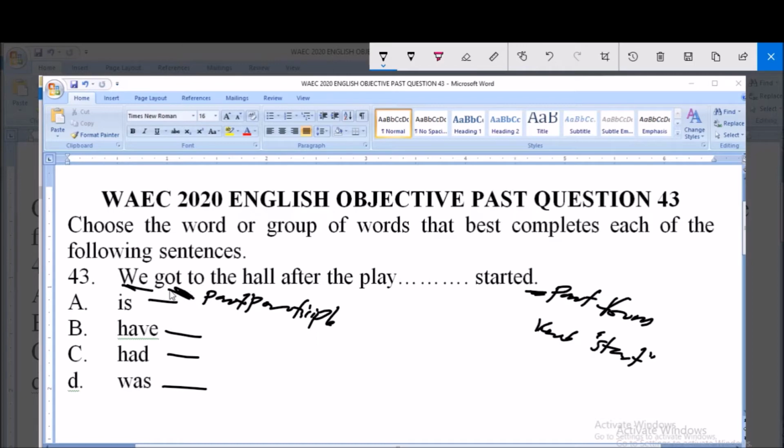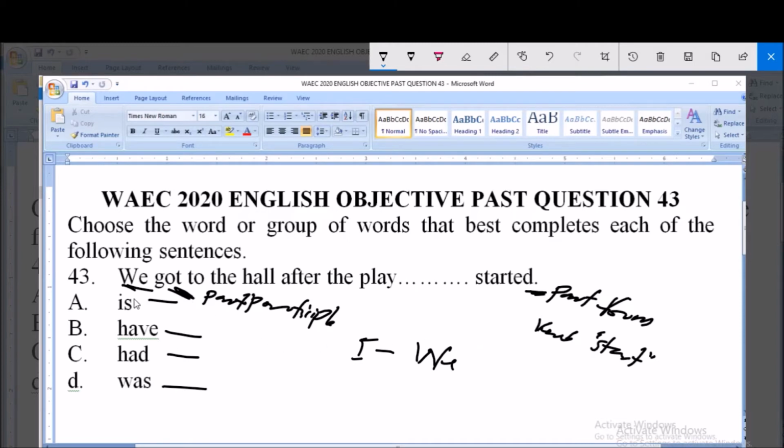No. Then have, despite that the subject is plural because we is a pronoun, the plural form of I. I is the singular subjective form, then we is the plural form of the pronoun.